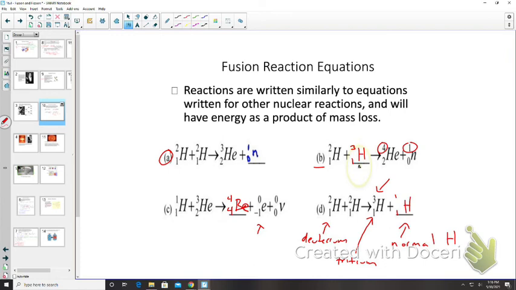Okay, so hydrogen 2, deuterium, it has a mass number of 2, right? Tritium has a mass number of 3, like a tricycle, and normal hydrogen has a mass number of 1. So just hydrogen 1. Yeah, so fusion, we're going to have energy as a product of mass loss from our nucleons.